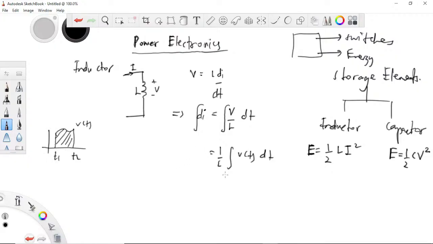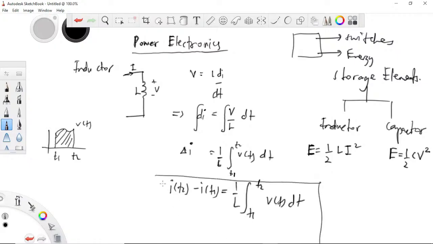The integral from T1 to T2 of the voltage function gives me the change in current. This change in current is the current at time T2 minus the current at time T1. So I have the integral from T1 to T2 of the voltage function dt.